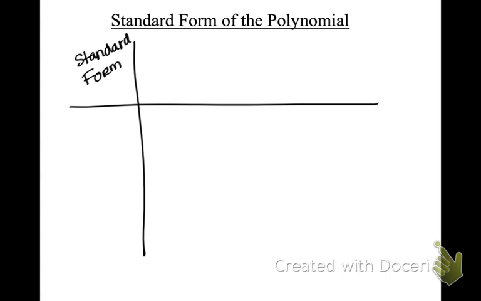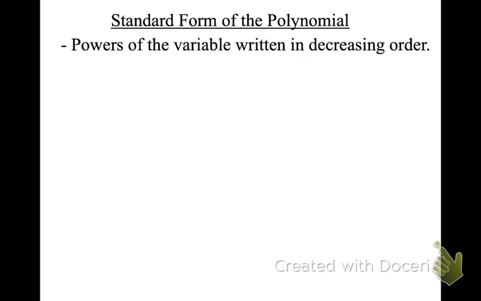So the question is, how do we write our polynomials down when you're communicating to me? Now, standard form means the powers of the variable are written in decreasing order. Pause it, write that down.